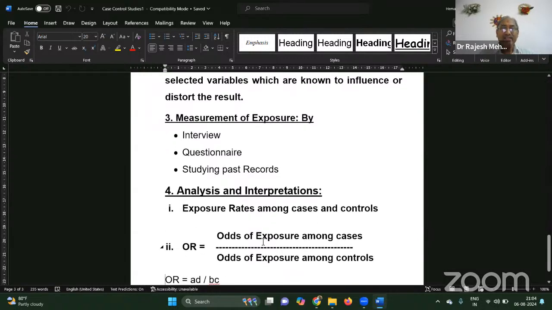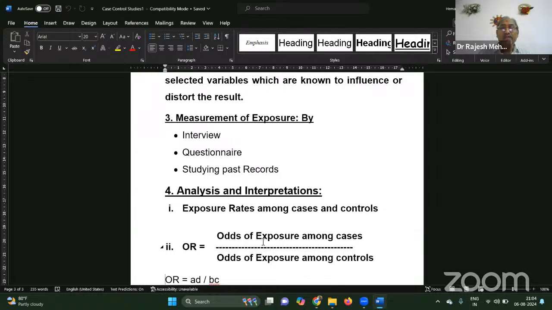And at the end, you will have the exposure among the cases and the exposure among the controls. So that is actually the odds ratio: odds means A upon A plus B, and C upon C plus D that we are taking, and then actually AD upon BC will come, right?